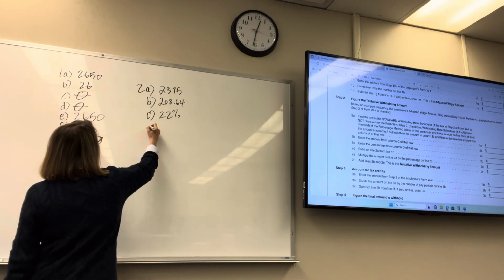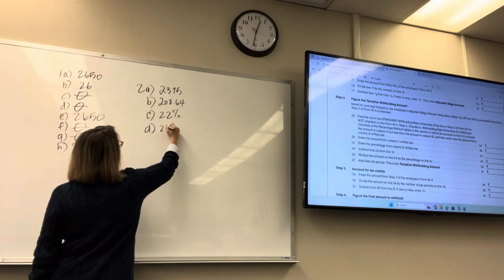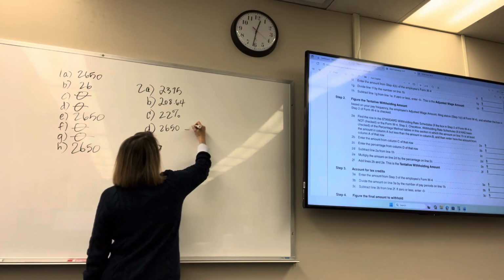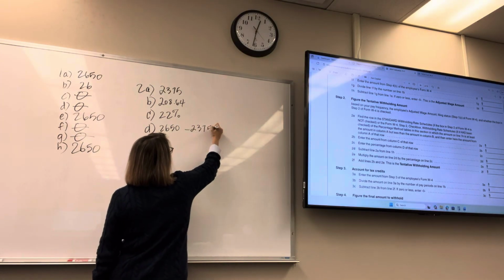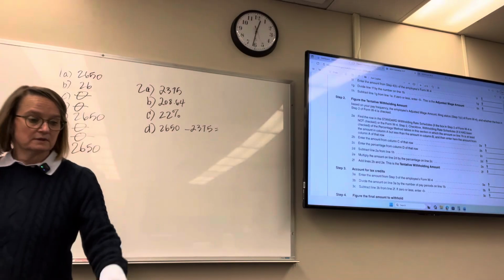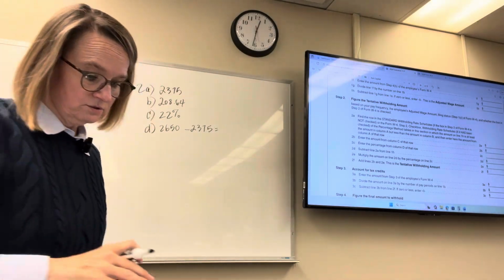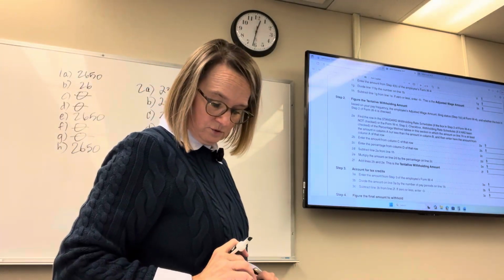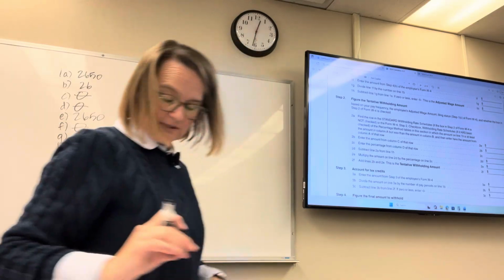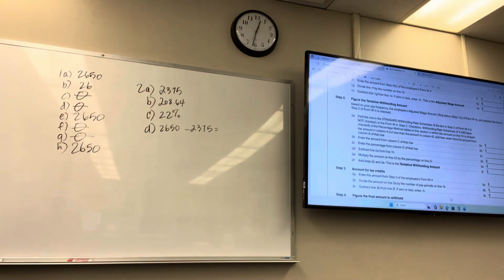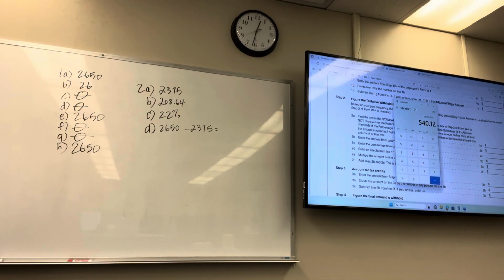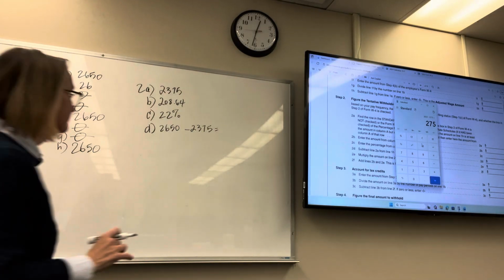So 2650 minus 2375 gets us to, what are we at? 2650, 2375, I didn't write it down. I should be able to do that in my head, but I'm not going to. 275.